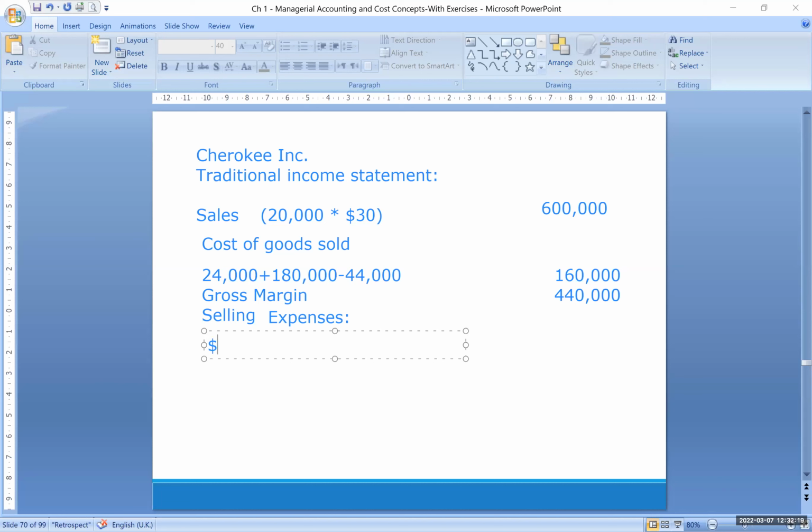So we have $4 multiplied by 20,000 between brackets, and we add the fixed part for the selling expenses, 40,000. This equals 80 plus 40, which is $120,000 as selling expenses.